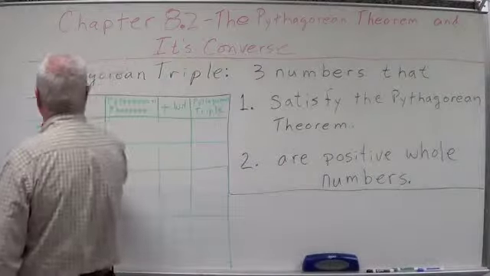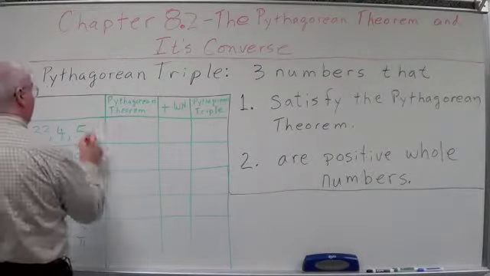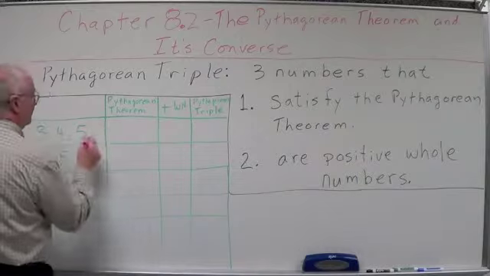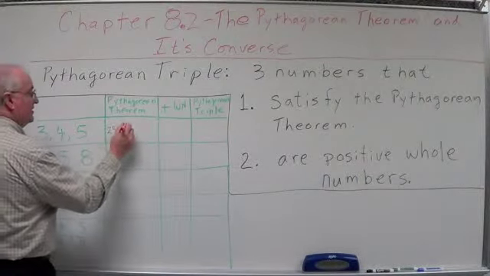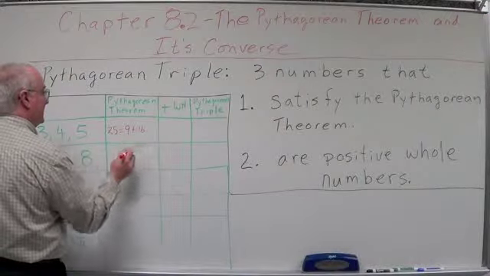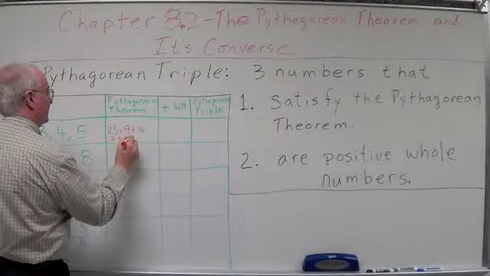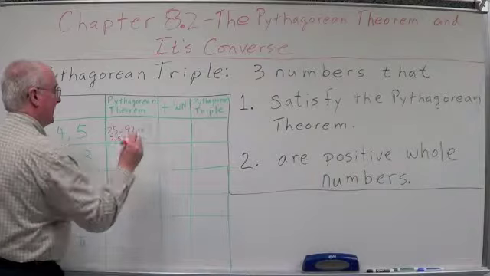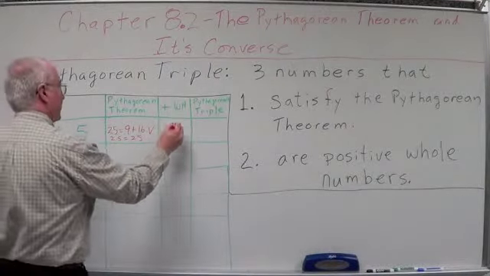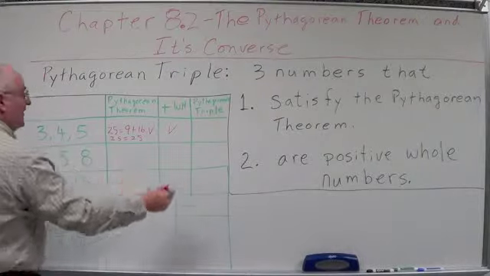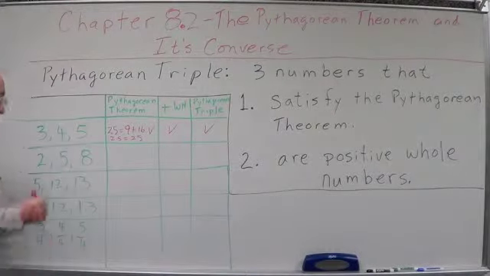Now, let's try this: 5 squared is 25 equals 3 squared, which is 9, plus 16. So that's 25 equals 25. So that happens. Now, are they positive whole numbers? Yes. Is that a Pythagorean triple? It sure is.